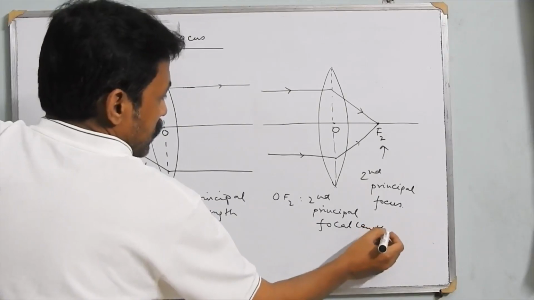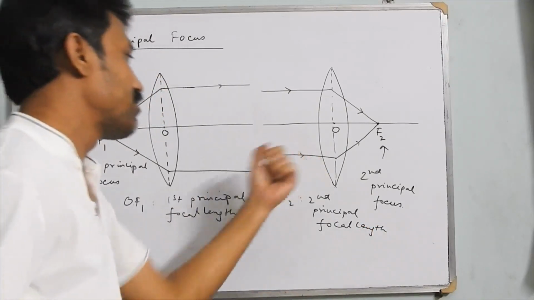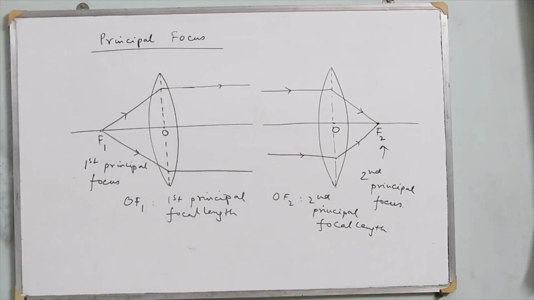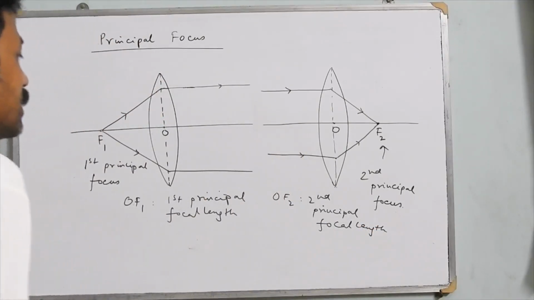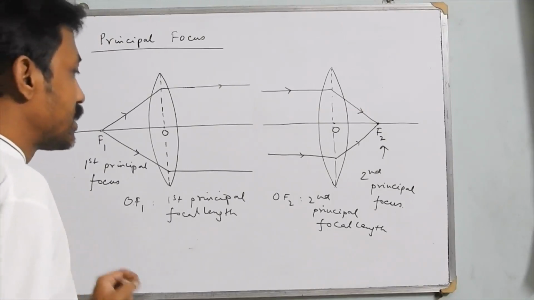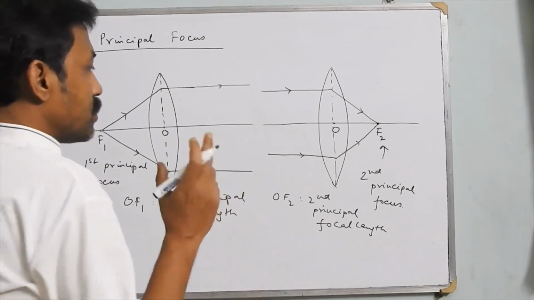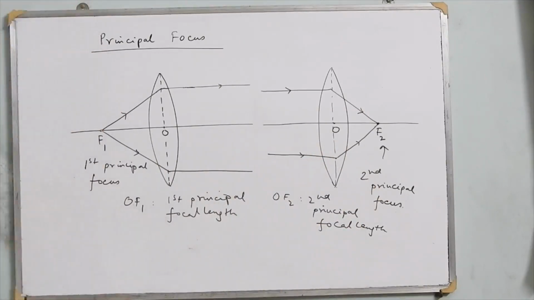But whenever we just say focus or focal length, we mean the second principal focus and the second principal focal length. I repeat again, if we just say focus of a lens or focal length of a lens, we just refer to the second principal focus or the second principal focal length of a lens.